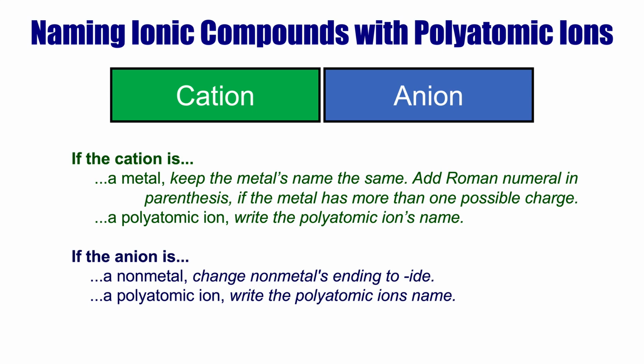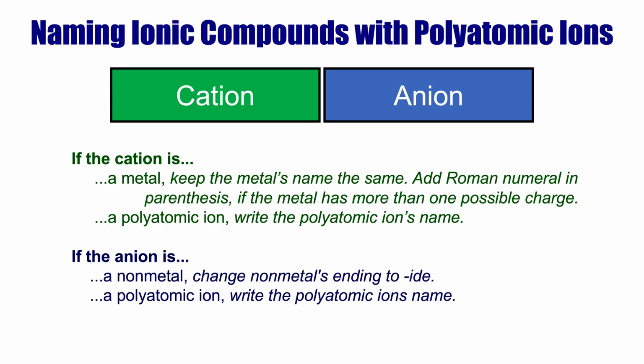All right, so now let's look at naming ionic compounds with polyatomic ions. What you know so far about naming is that if the cation portion is a metal, that metal's name stays the same. If that metal has more than one possible charge, you need to indicate which specific charge it's taking in that compound by writing parentheses with a Roman numeral next to that metal's name.